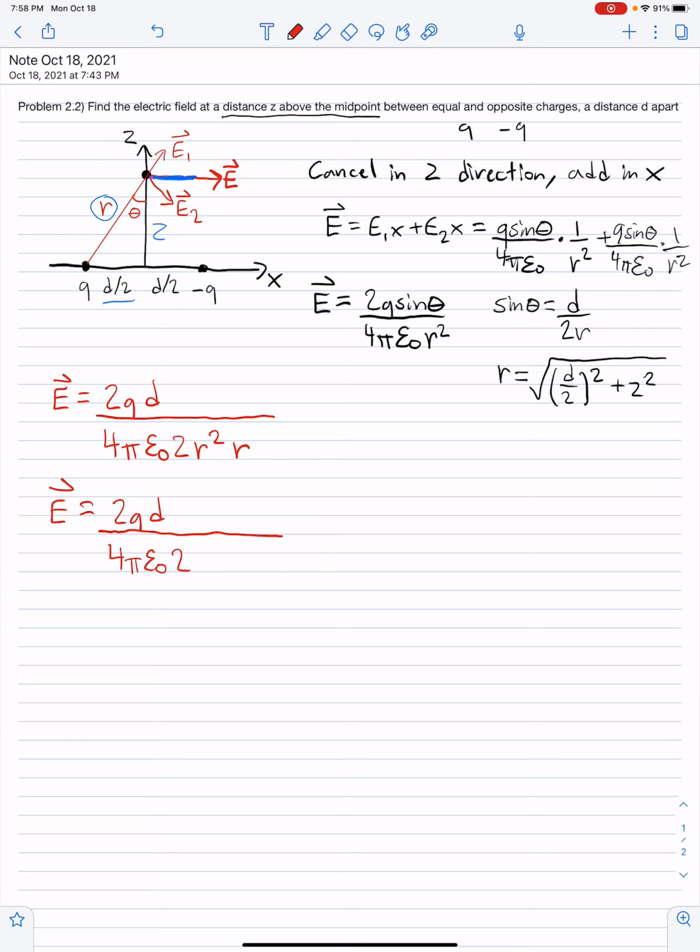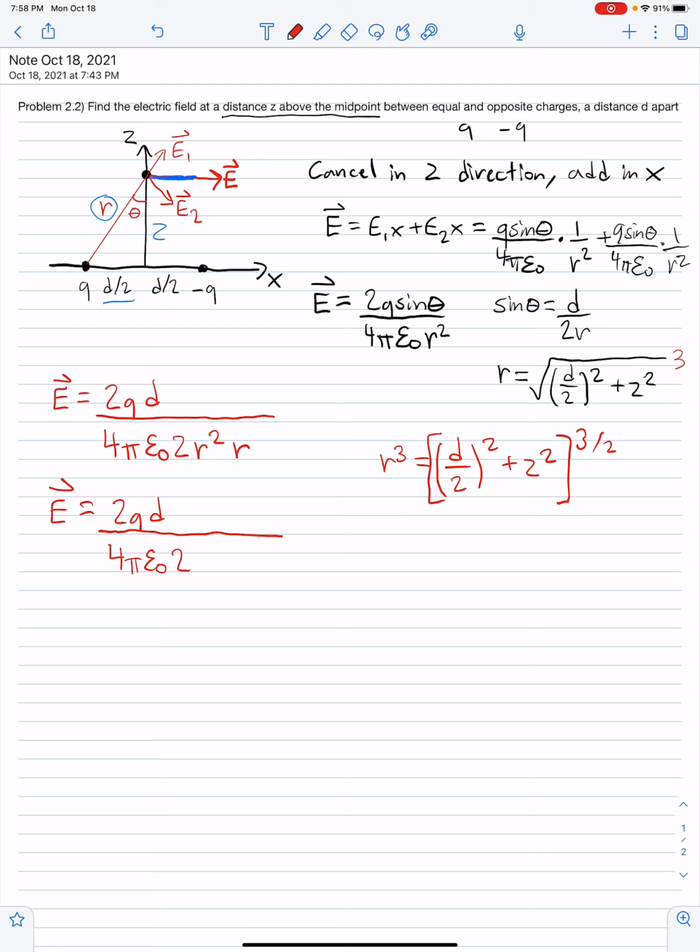So r cubed is actually equal to that square root cubed. An easier way of saying that is just (d over 2) squared plus z squared, all to the 3/2 power, because we have r squared and r.